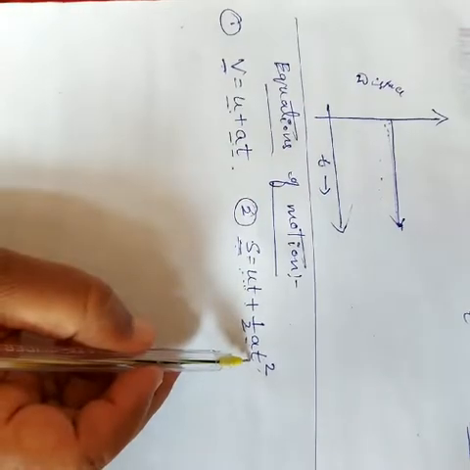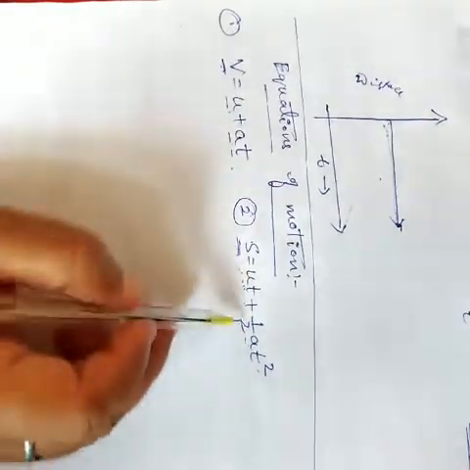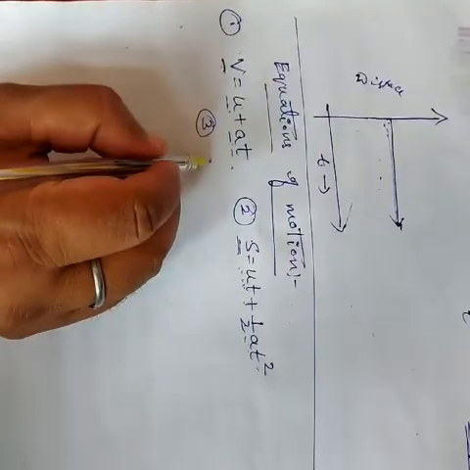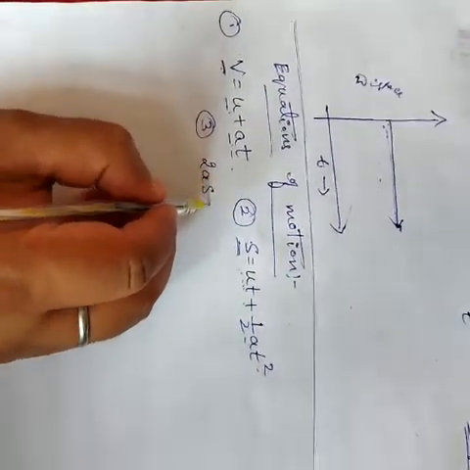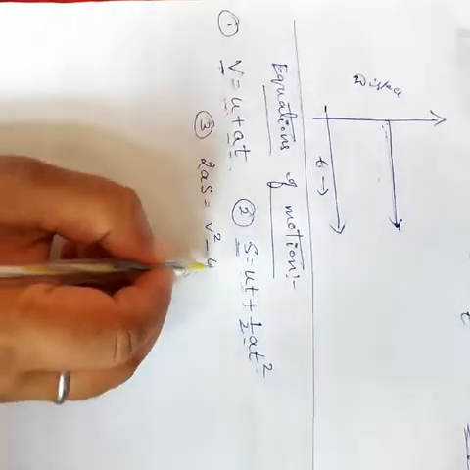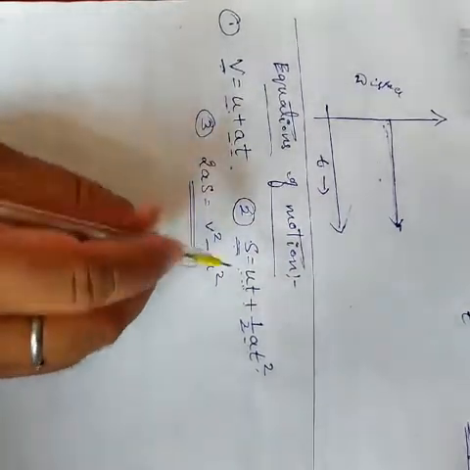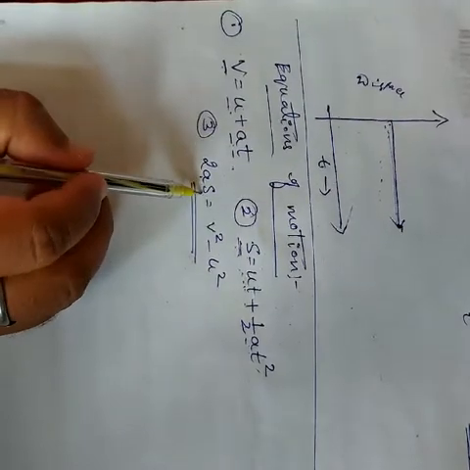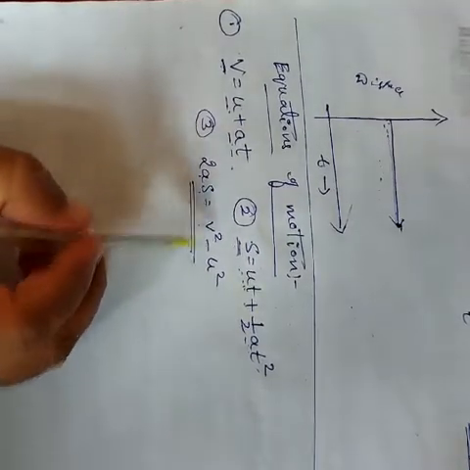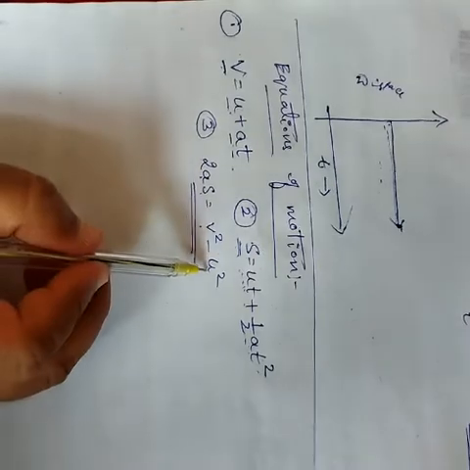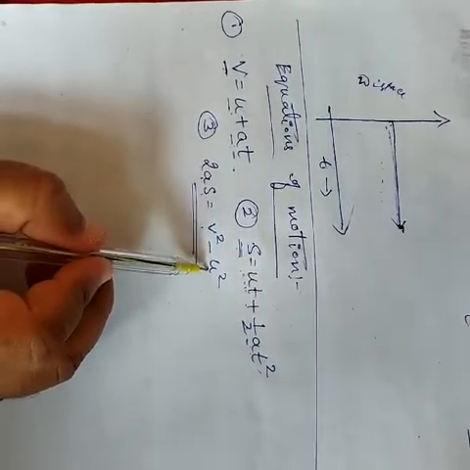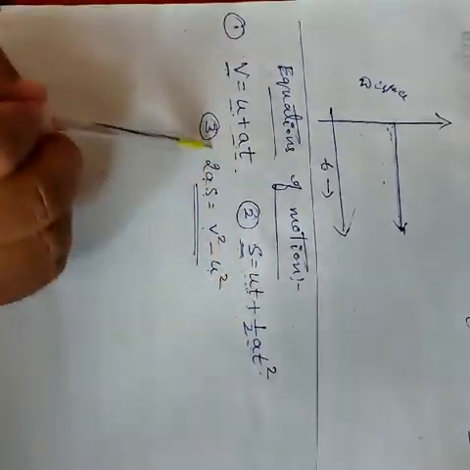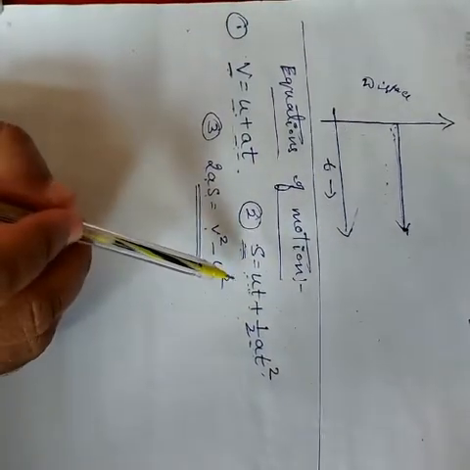And the third is 2as is equal to v square minus u square. This is the third equation of motion, where a means acceleration, s means distance, v means final velocity, and u means initial velocity. These are the three equations of motion, which are very important.